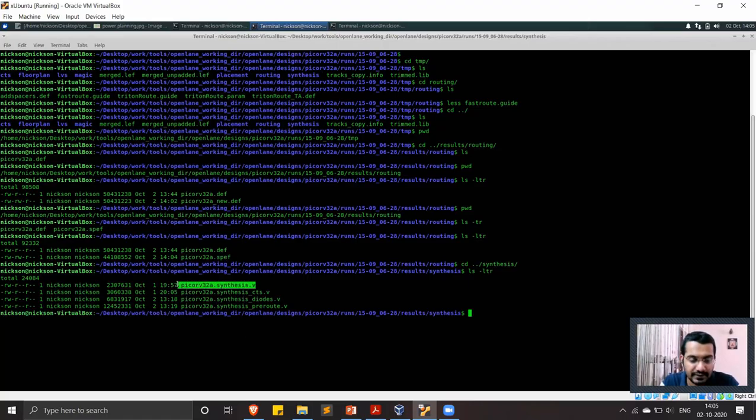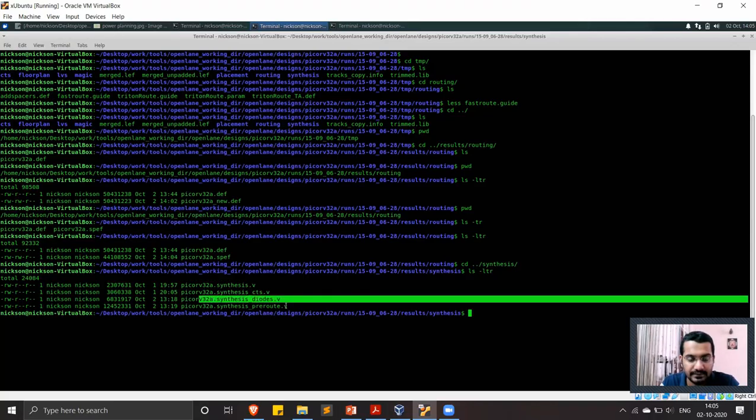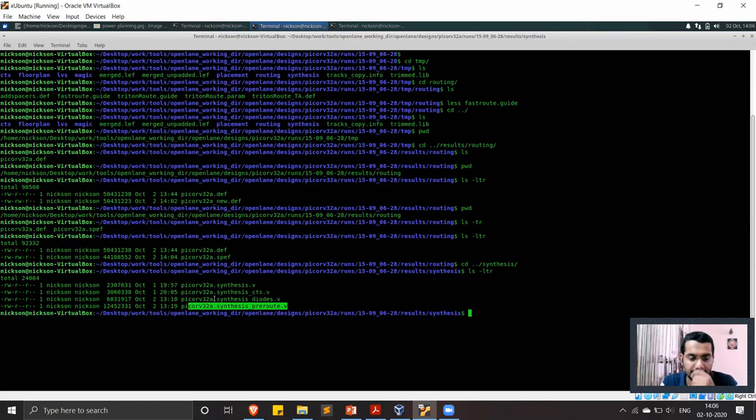This was the first one, the one which we obtained after synthesis. Then in floor plan and placement, there was no modification to the netlist. That's why no netlist was generated. In the second, we obtained a netlist after CTS, because the clock buffers were inserted in the design, so the netlist got modified. And these two netlists actually happen before the routing.